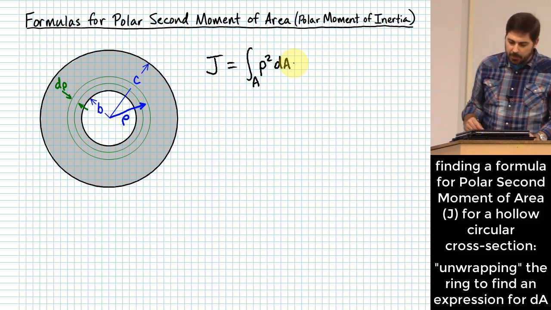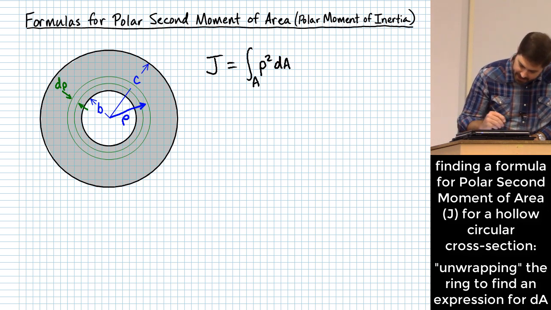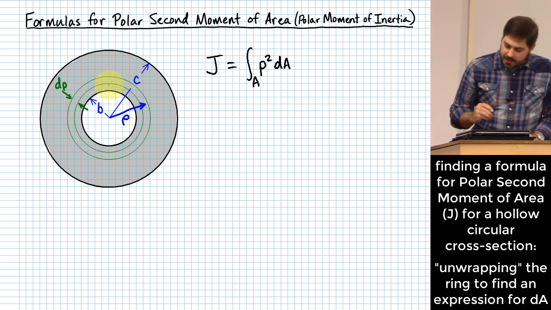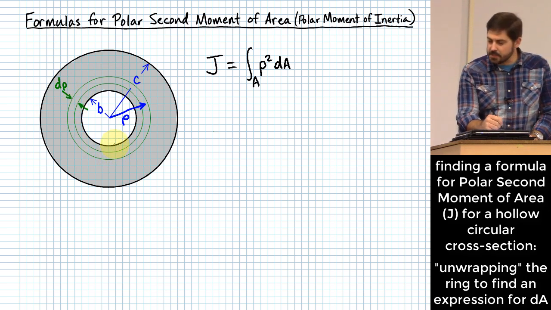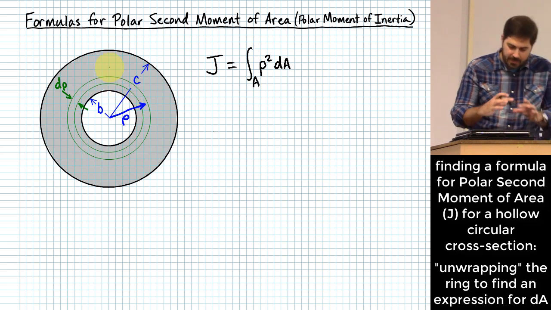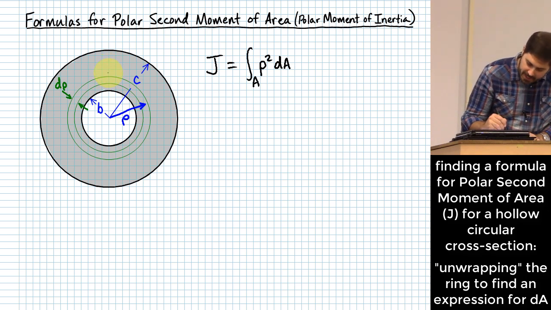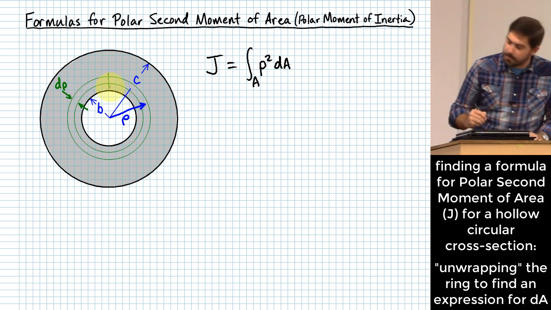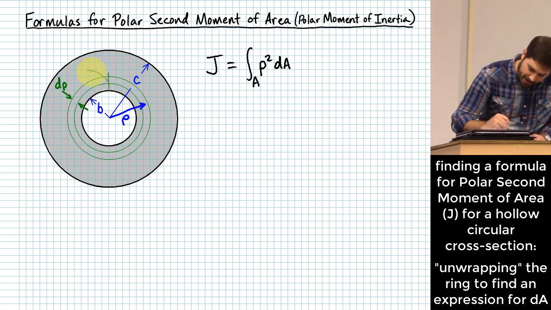I'm going to show you a little trick to make understanding this easier. This is a super, super thin donut. Since it's so thin, instead of thinking of the area of the outer circle minus the area of the inner circle, it's easier and more straightforward to imagine slicing it in the middle and essentially unwrapping it.